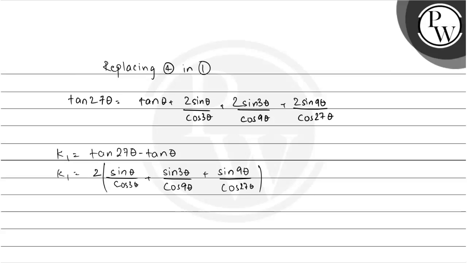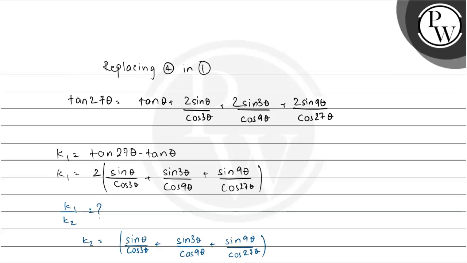Hence, the thing that we had to evaluate is K1 upon K2, which is the question mark, and K2 was given to be sine theta upon cos 3 theta plus sine 3 theta upon cos of 9 theta plus sine of 9 theta upon cos of 27 theta.